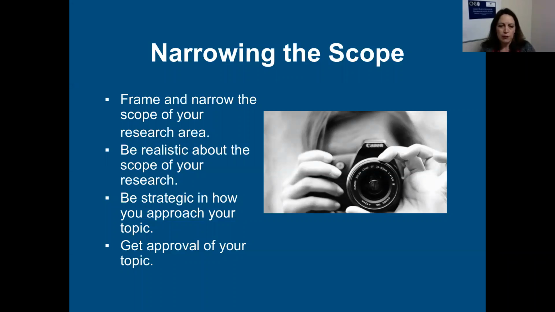It's always important, of course, to get approval of your topic and be very strategic in how you approach it, to really take the time necessary to make a proper outline and make sure that you're approaching it in a way where it's cohesive and clear, and you're going to reach your desired outcome.